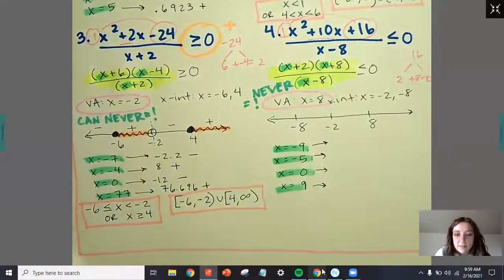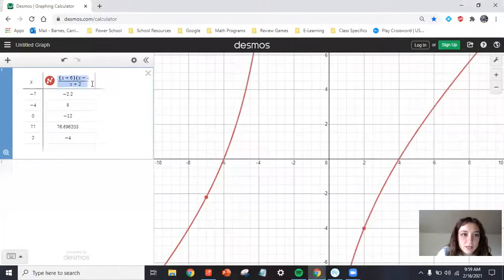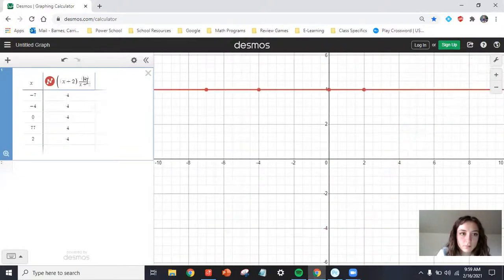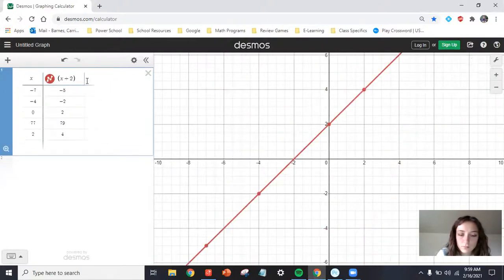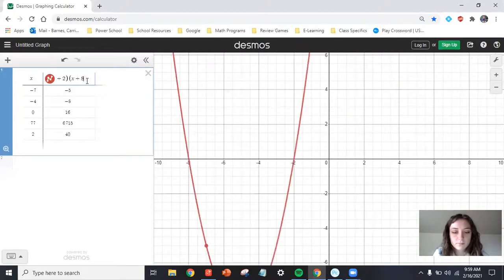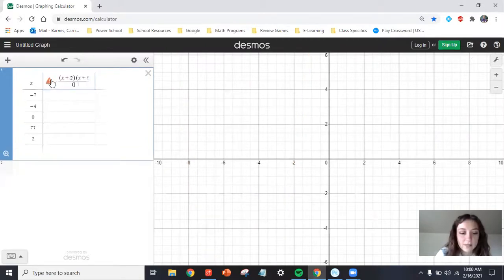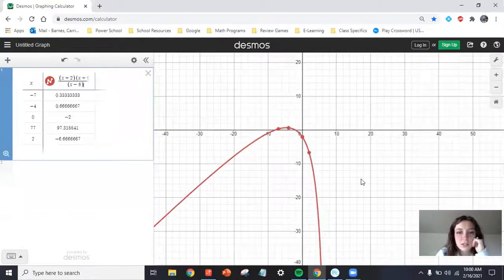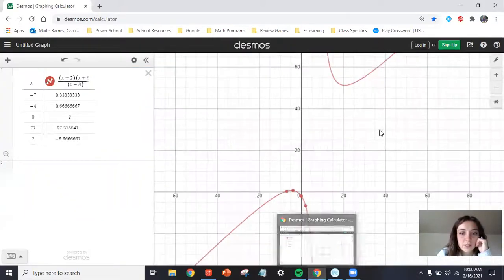Okay, so going back to Desmos, and I am just going to change what I have in here. So x plus 2, x plus 8, and then all of that is divided by x minus 8. Okay, so here is our function, and there we can see it a little bit better.